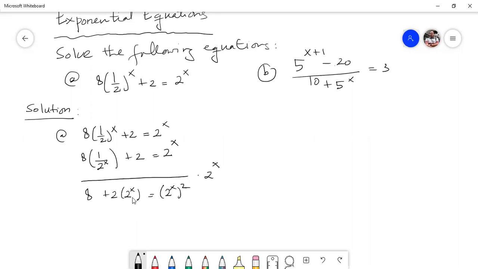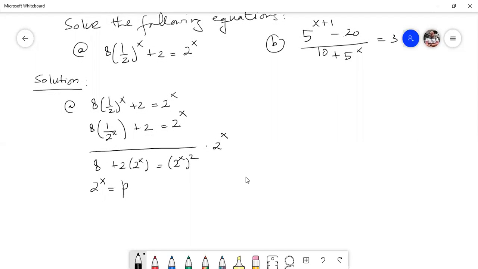We can use any variable, for example, let 2 to the power x equal b.